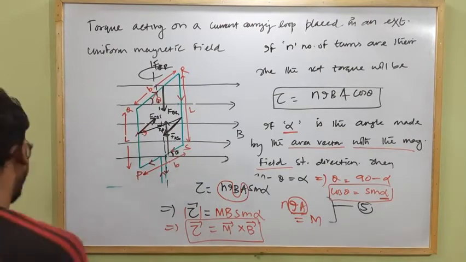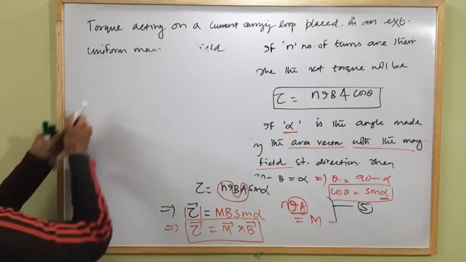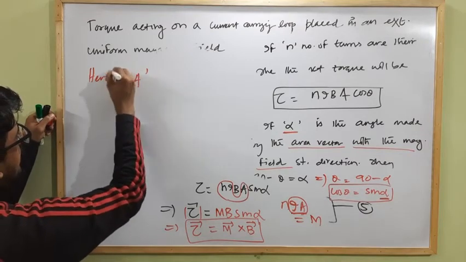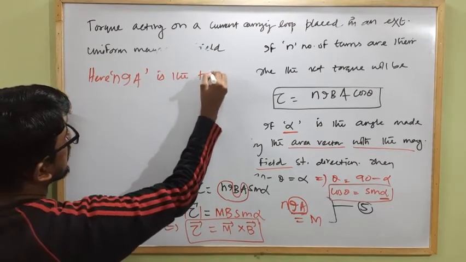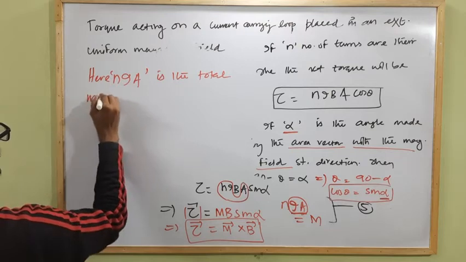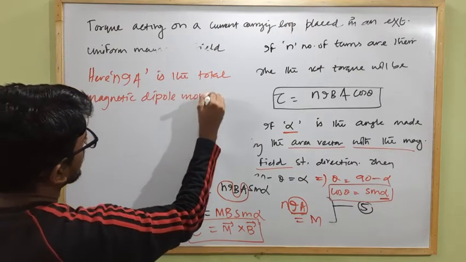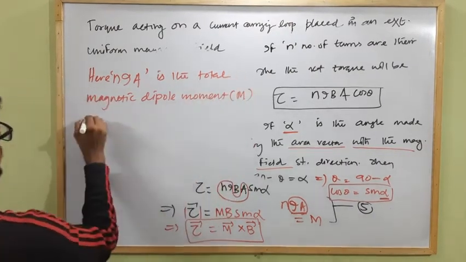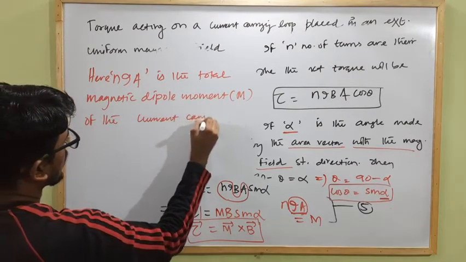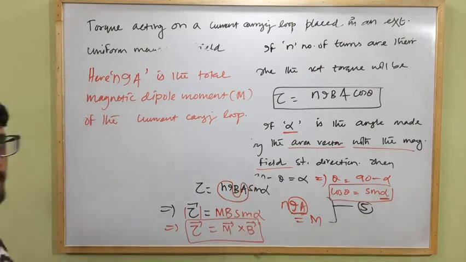Where here NIA is the total magnetic dipole moment M of the current carrying loop. Clear? So torque will become M cross B.